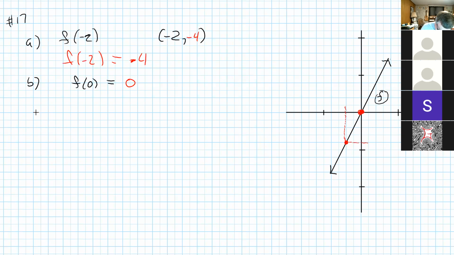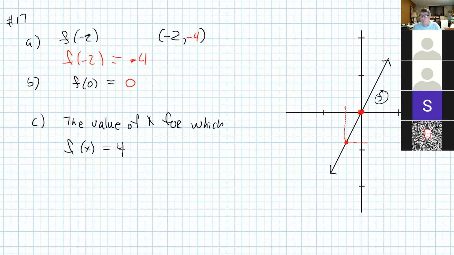All right, let's take a look at part C. It says find the value of x for which f of x equals 4. Now, what's another name for f of x? Y. Excellent.